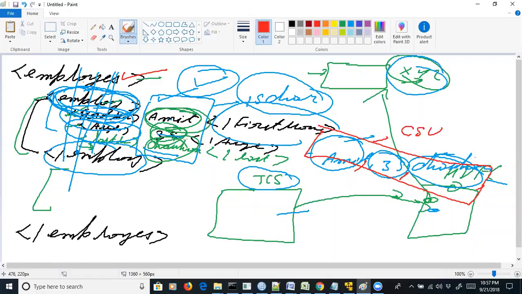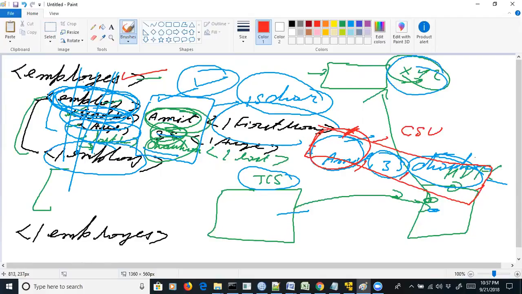In the CSV, every piece of information is identified by its position. For the first position, why am I calling it the first position?